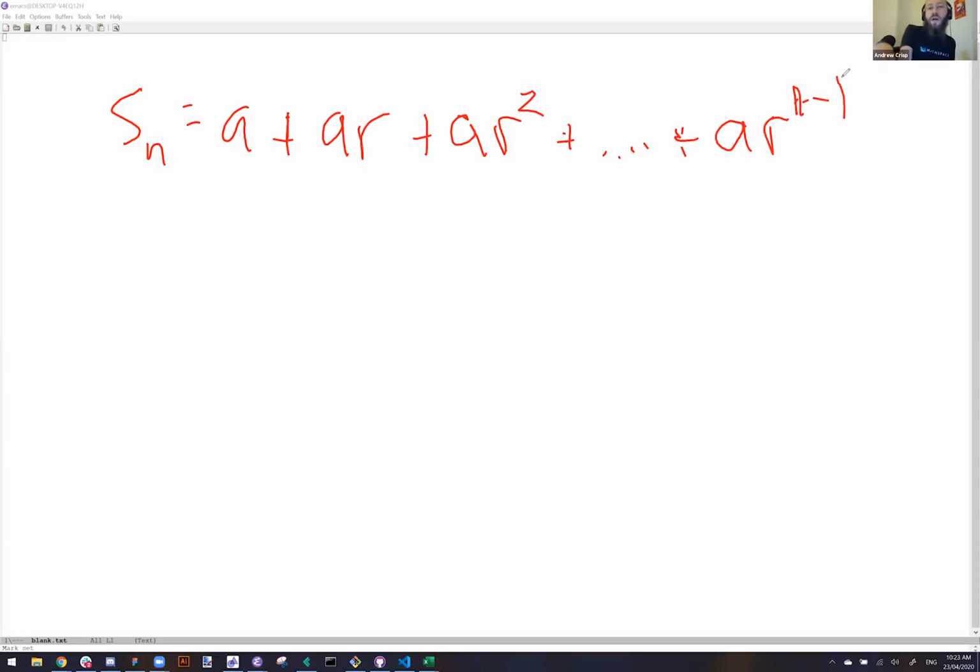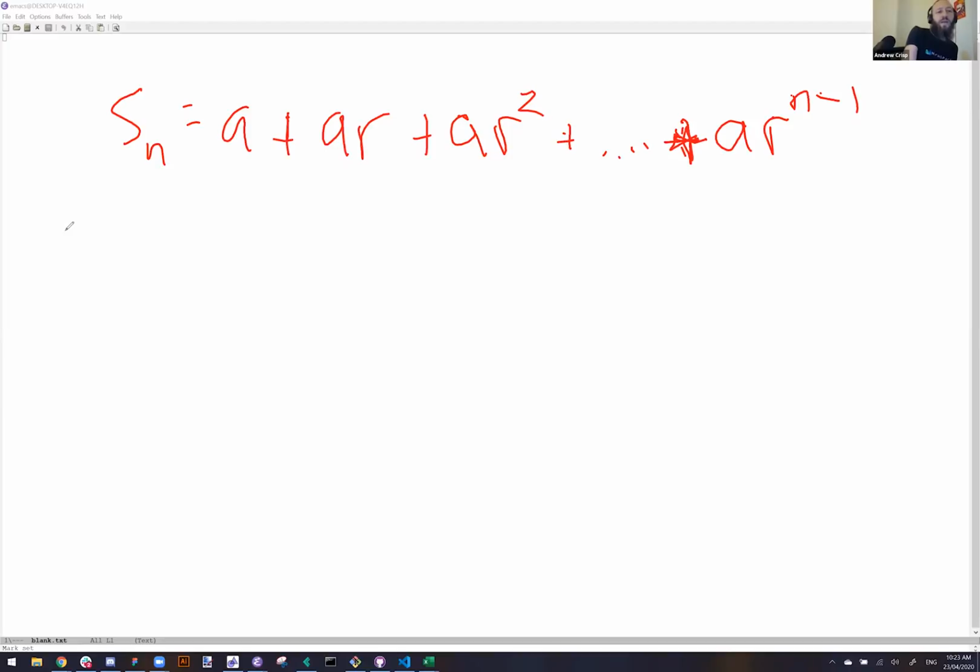It's always tricky to keep track of your subscripts and superscripts and powers in this area, but there are n terms here.